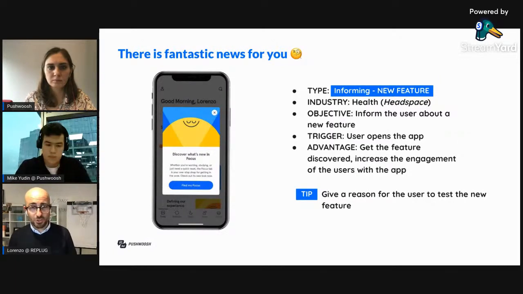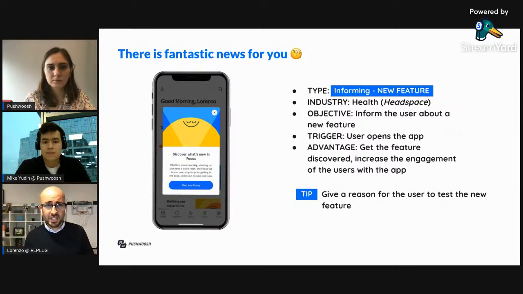Enough with the permissions. At a certain point, we need to start asking permissions of the user, and we can start informing them. For example, here we can see a nice example, in my opinion, from Headspace, a meditation app. In this very specific example, they are informing me, because that's my account, about a new feature that I might want to try.